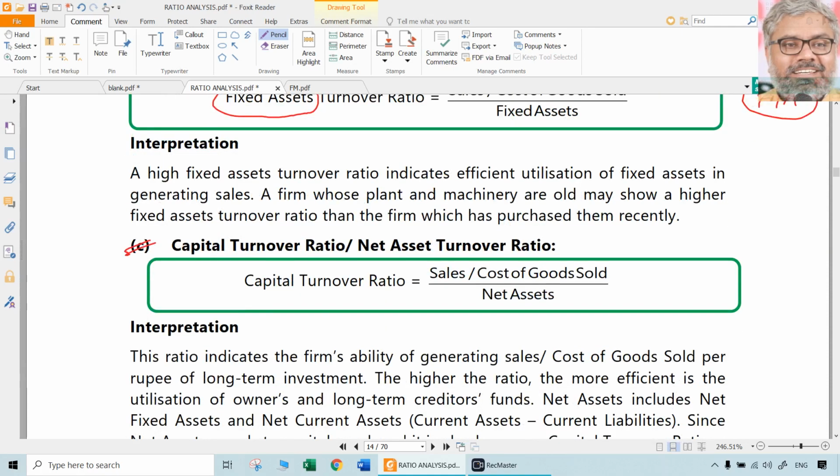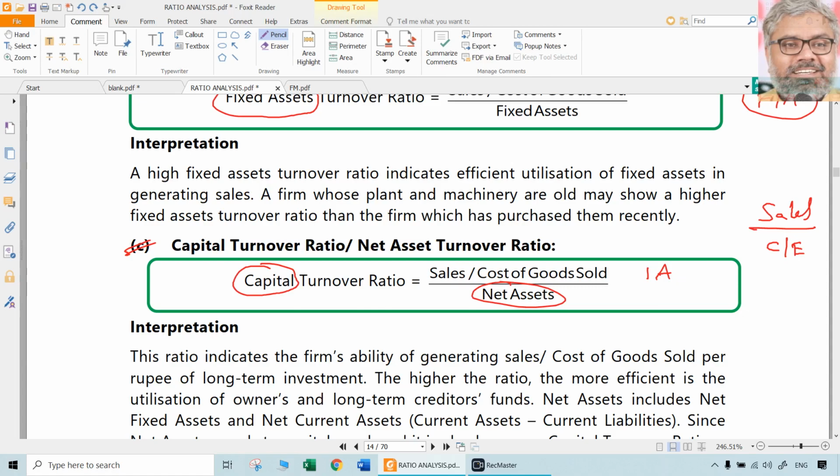Then we have another name, capital turnover ratio or net asset turnover ratio. Same thing, capital turnover ratio. So numerator is still the same, sales, divided by capital employed. That's what is net assets. In this case, net assets means total assets minus the outside liabilities.